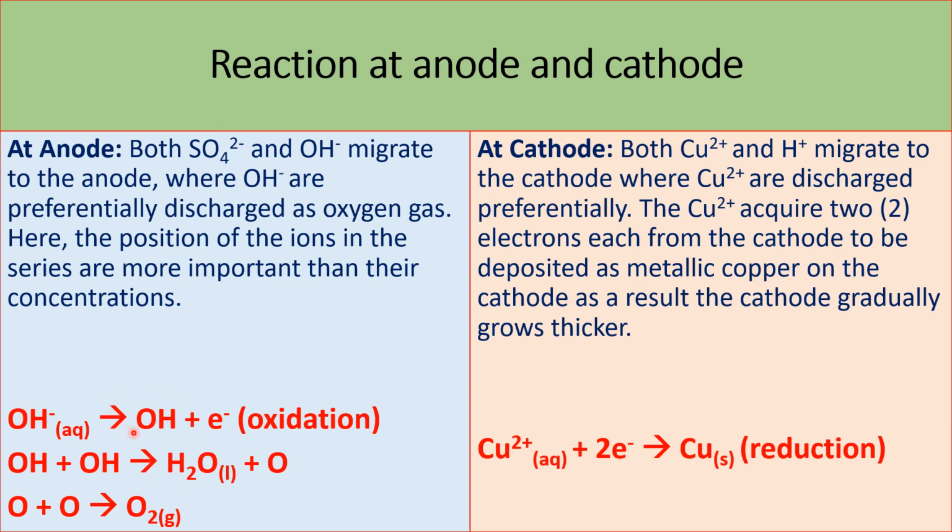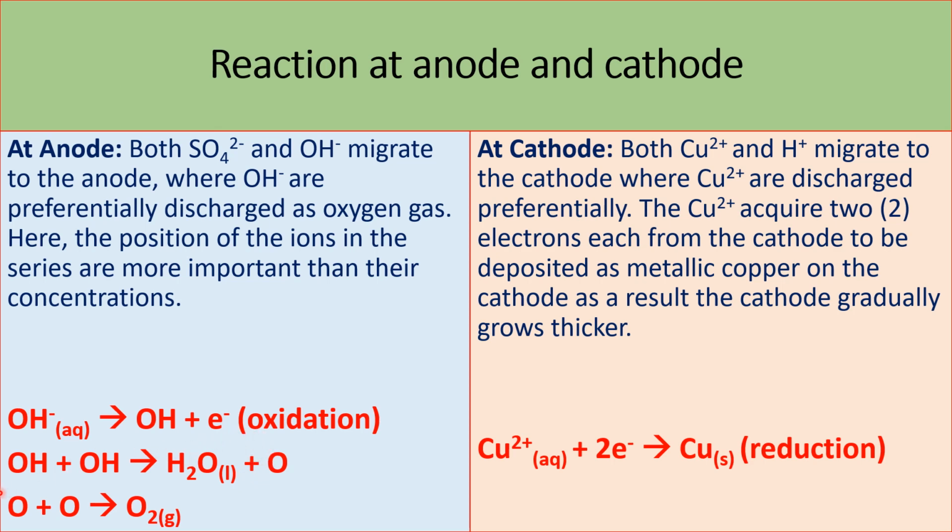So what will happen is that these neutral OH groups will pair up together and form a molecule of water and oxygen. Oxygen is diatomic in nature. You will never see in any chemical equation where oxygen is represented as just ordinary O. It must be O₂ because it is diatomic.